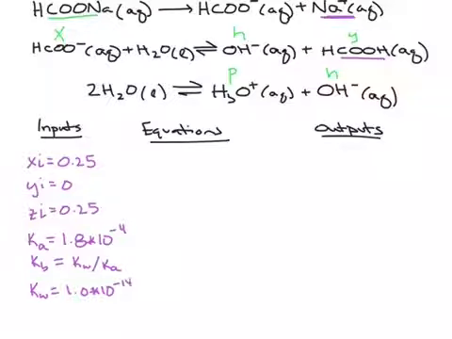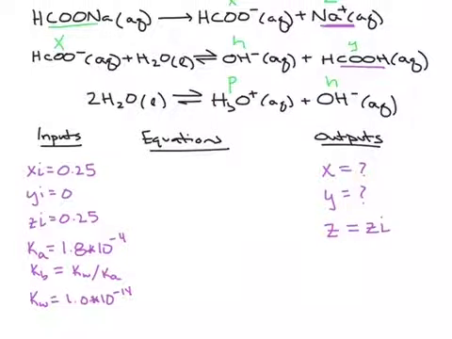All right. Our outputs that we would like to know are x, y. For z, notice that we actually already know z. It's going to be equal to Zi because sodium is just a spectator ion.